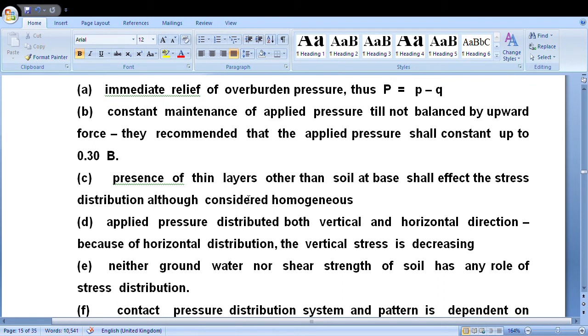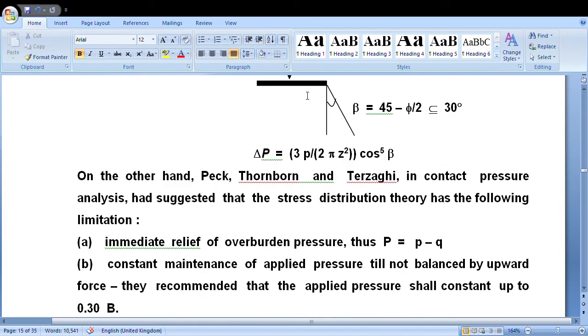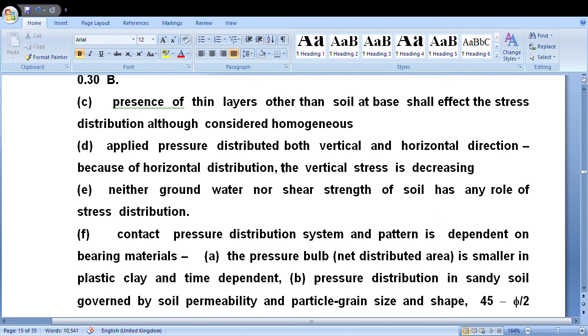Presence of a thin layer shall be considered. It has some distinguished effect. Applied pressure is distributed in both vertical and horizontal directions. So we are calculating the load acting vertically, but there is a consideration.